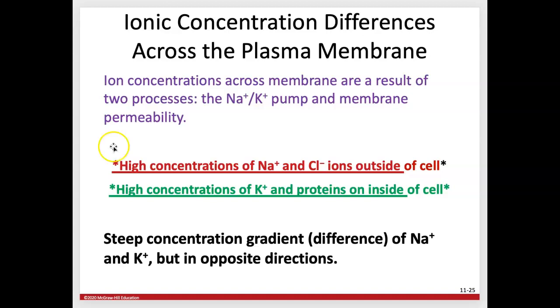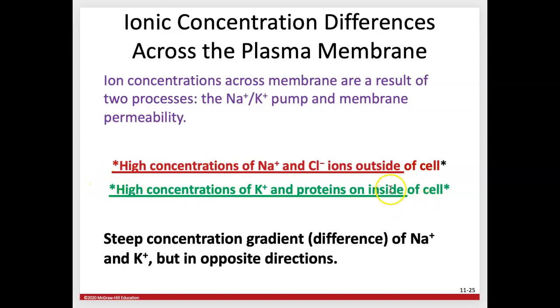And I'm really going to focus on sodium and potassium here, okay? It's important to know there's other stuff, but you should know that we're really focused on sodium and potassium here. So high concentrations of sodium and chloride outside of the cell, but I want to point out that there's some potassium outside of the cell as well.